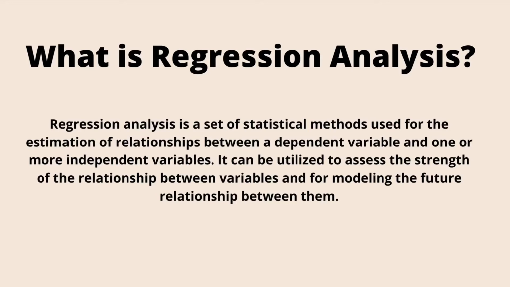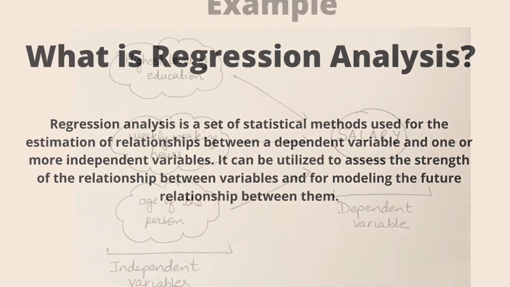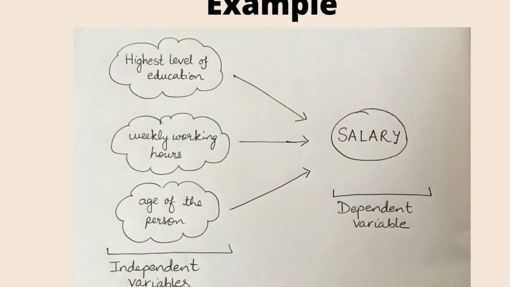Let's understand this better with an example. We want to understand what influences a person's salary. In this diagram you can see that the independent variables are the highest level of education, weekly working hours, and age of the person.